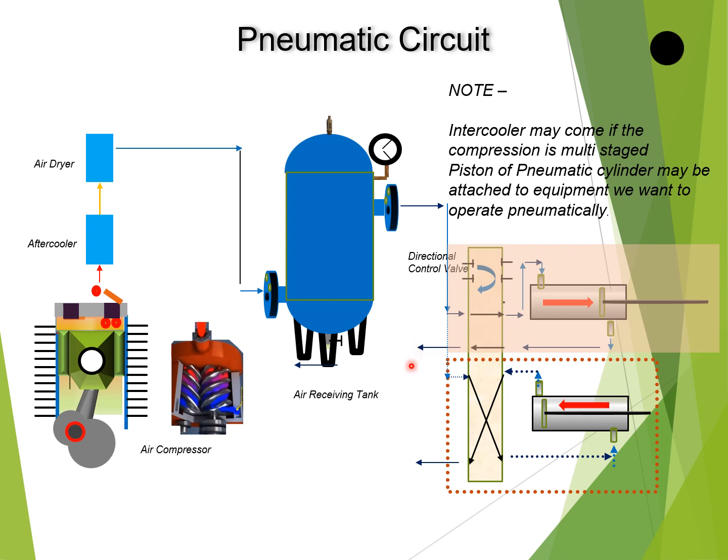In the reverse cycle, the air will enter from this port. It will go to the top, push the piston down, and the air between the piston and the cylinder shall move out from this and it will be exhausted. So hope this is clear. This is very simple and very close to what we have learned in the hydraulic circuit.